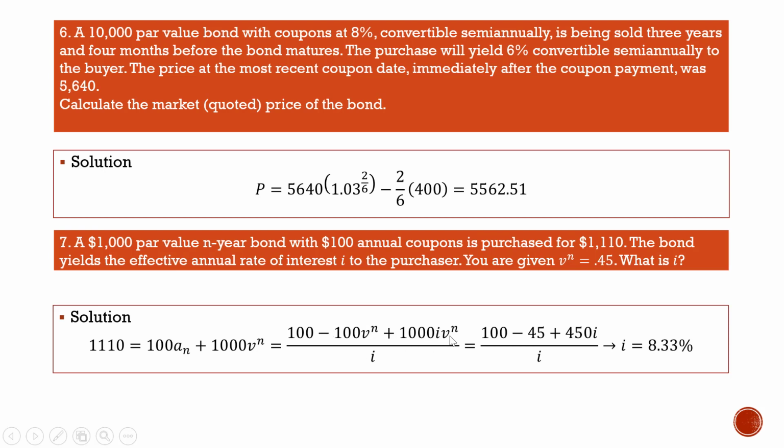And 1,000 i v^n over i is just 1,000 v^n. And here we are going to replace 0.45 for v^n. So we got 100 minus 45 plus 450 i over i. And this equals 1,110. Solve this equation for i. We got i is 8.33%.